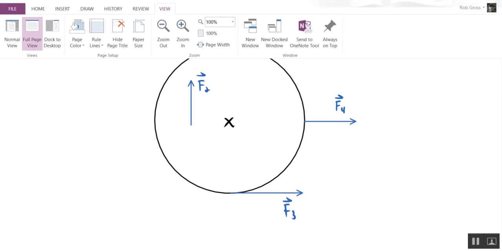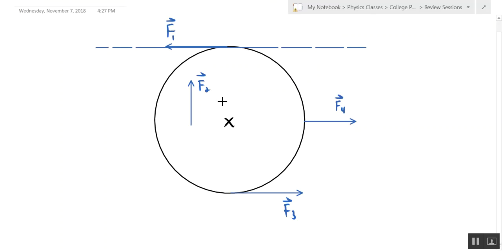Green will be for F1. So it can't be like this, right? Because that's not perpendicular. About there is perpendicular, right? It has to be perpendicular. So this is L1. But what is that? We did this. The radius. The radius, okay. So we know the moment arm for the first force.